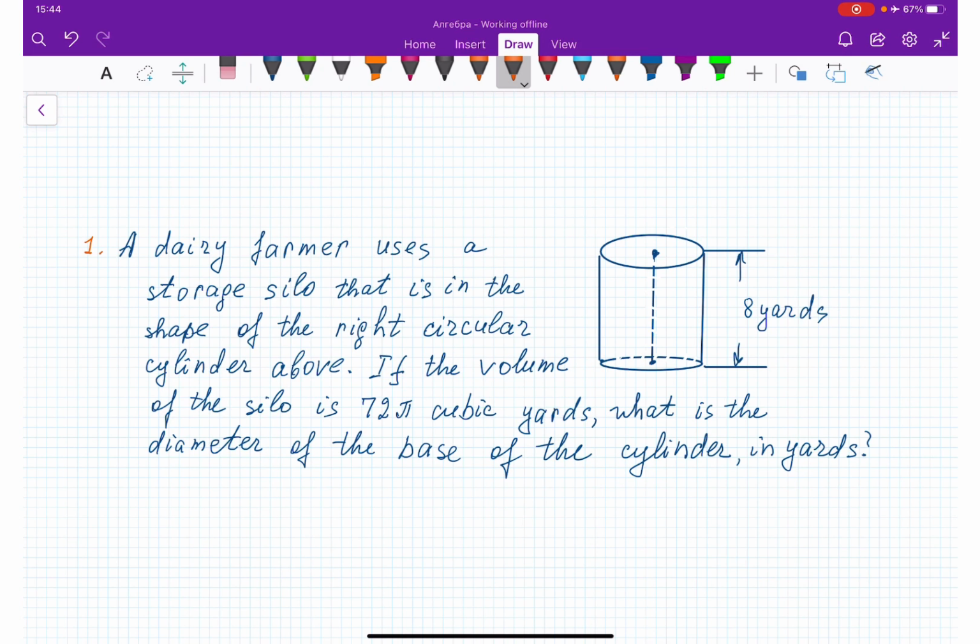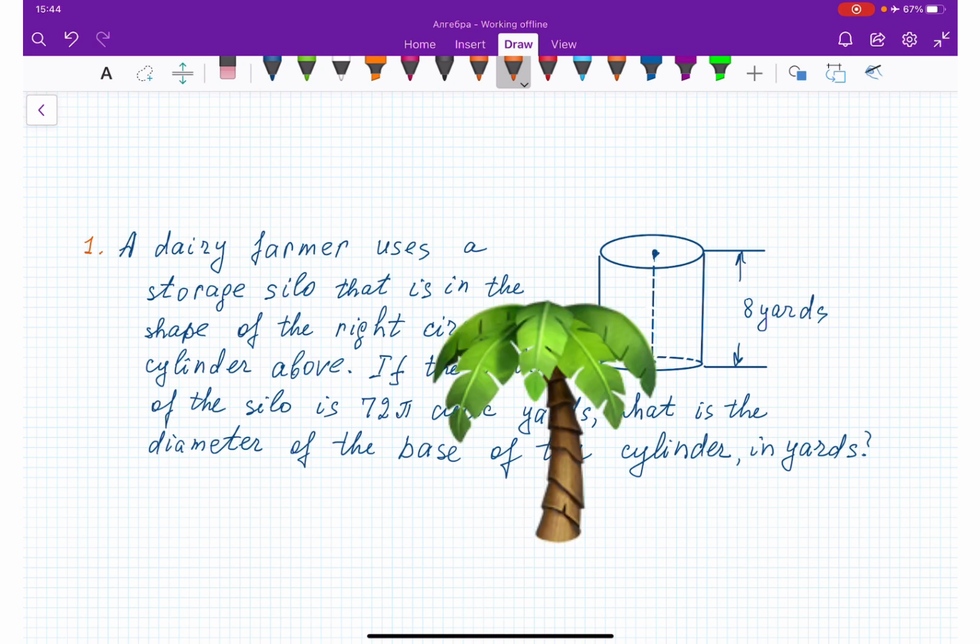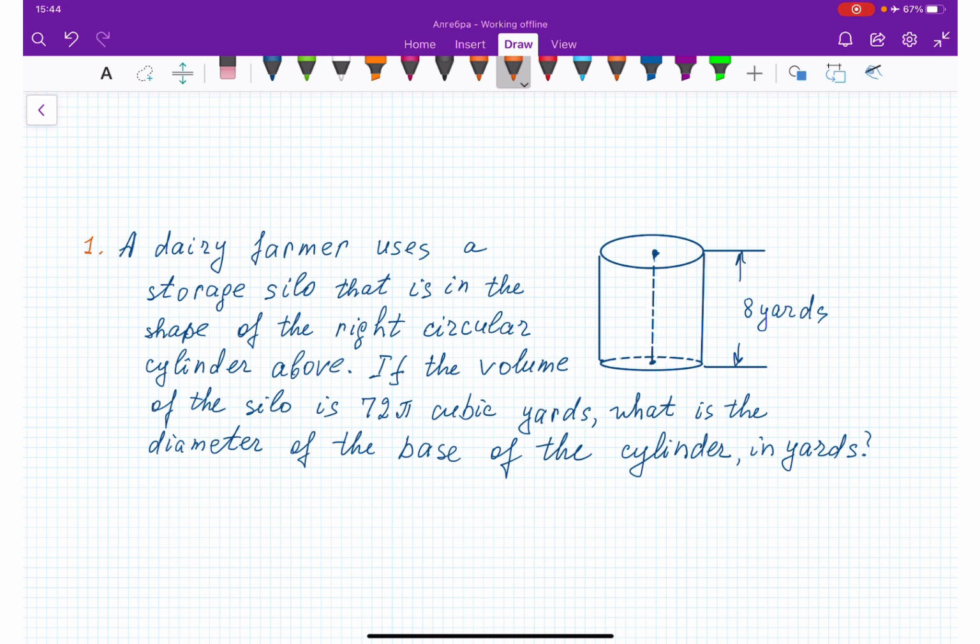Okay, let's go over 10 questions for official SAT study. A dairy farmer uses a storage silo that is in the shape of a right circular cylinder.